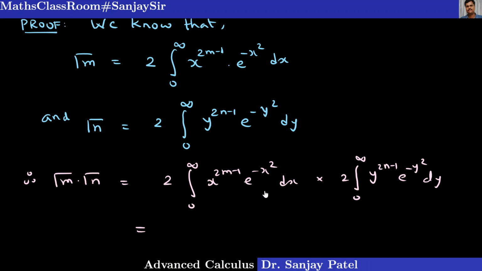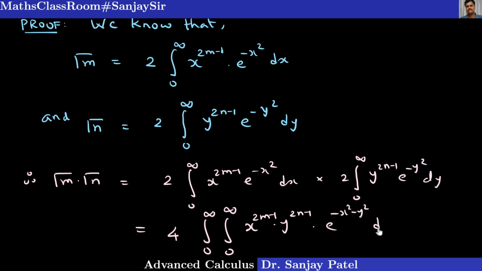No function contains the variable of the other function, and also limits of integration are constants. So this I can write as 2 into 2, 4 times double integral 0 to infinity x raised to 2m minus 1 into y raised to 2n minus 1 into e raised to minus x square minus y square into dx dy.